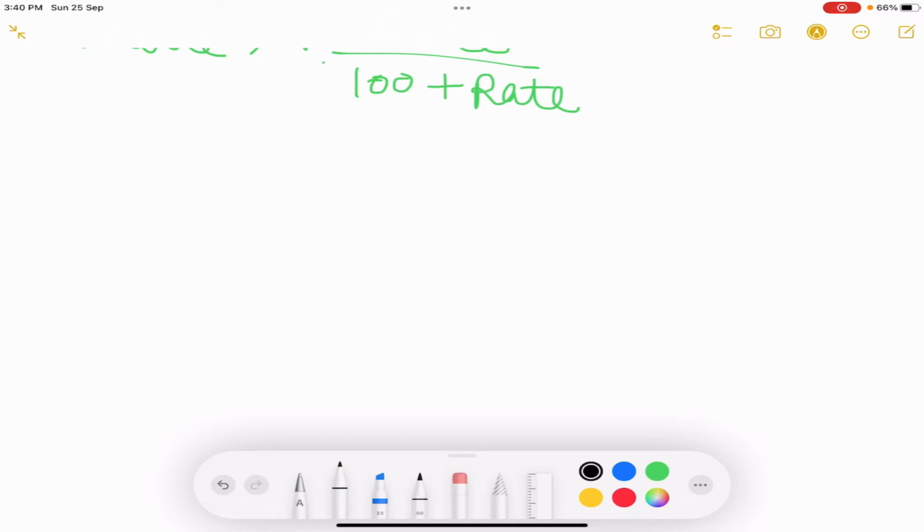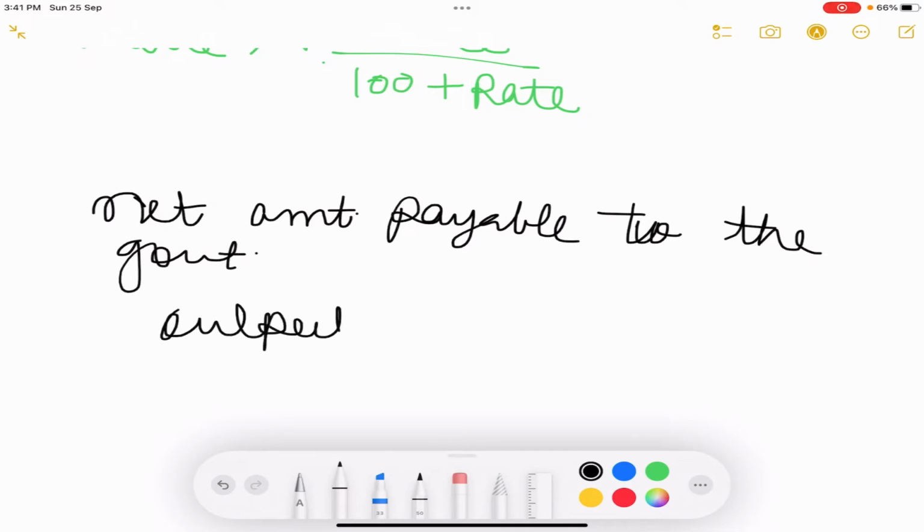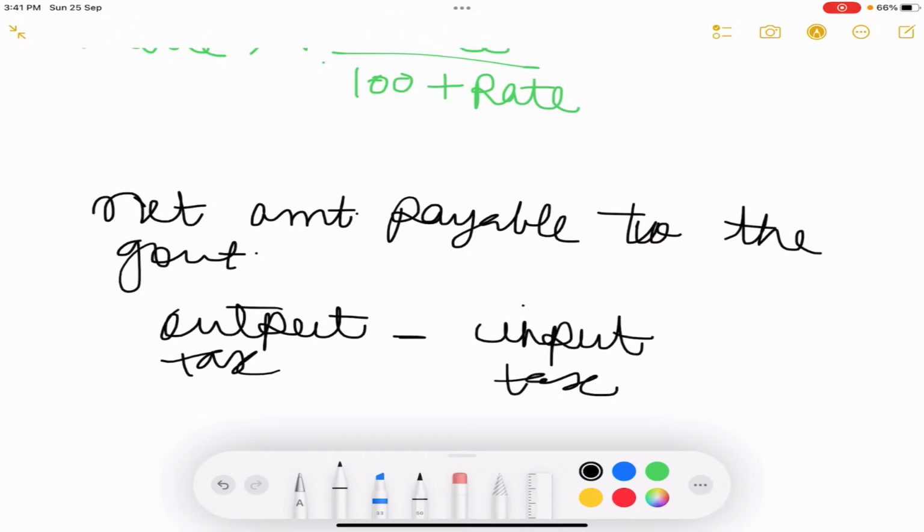The net amount payable to the government is nothing but output tax minus input tax. Okay, so this is the formula of the amount which you have to pay to the government.